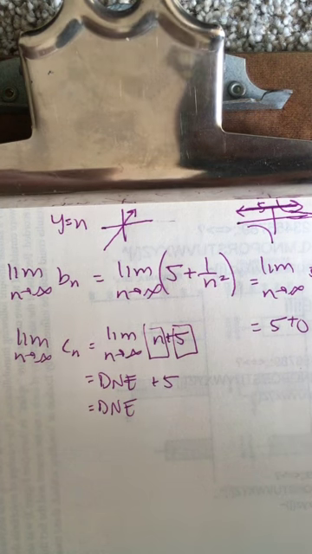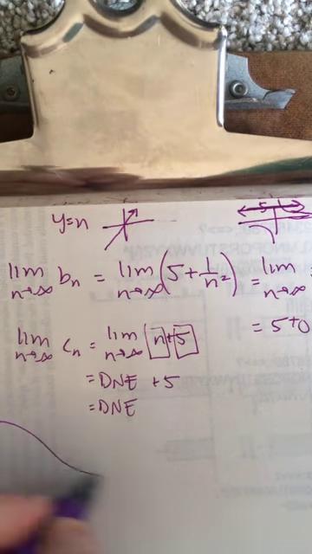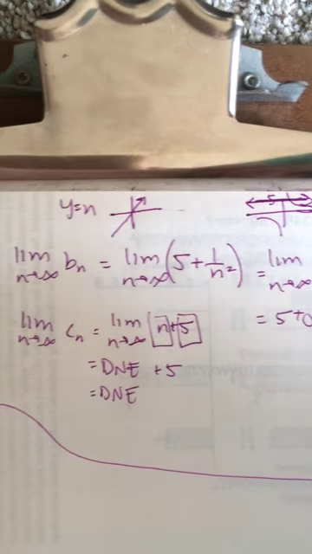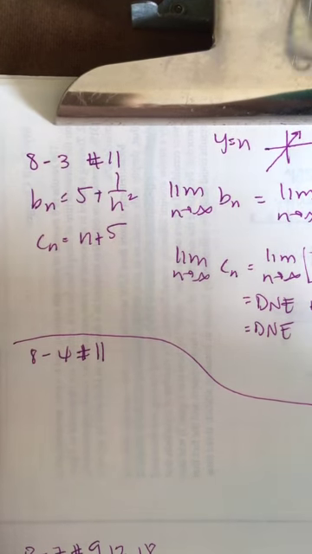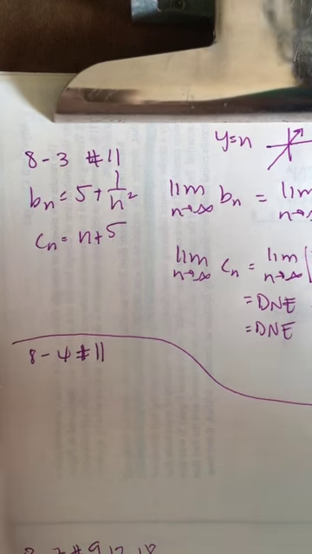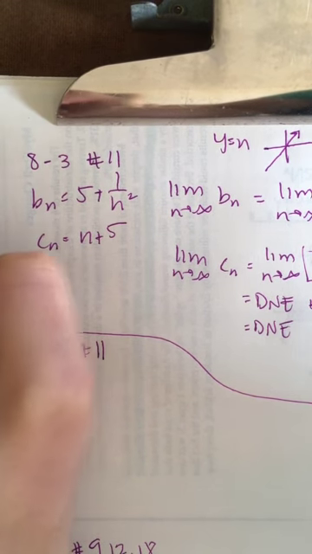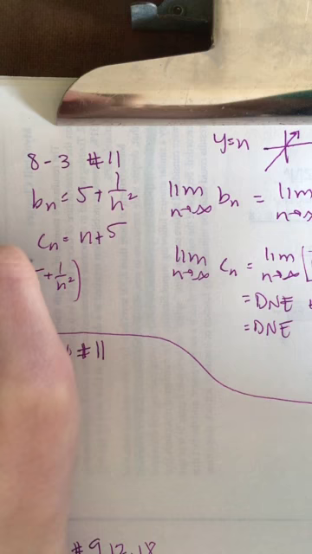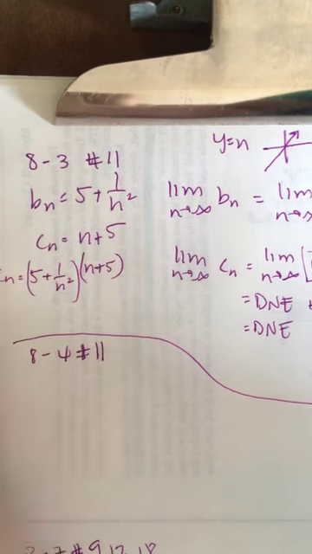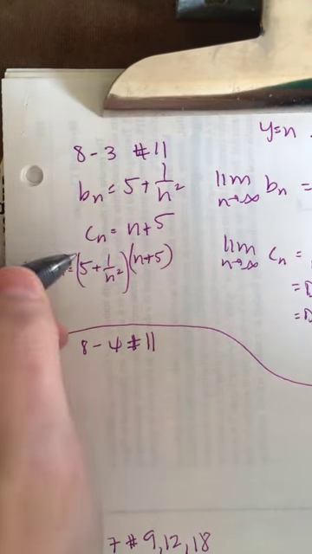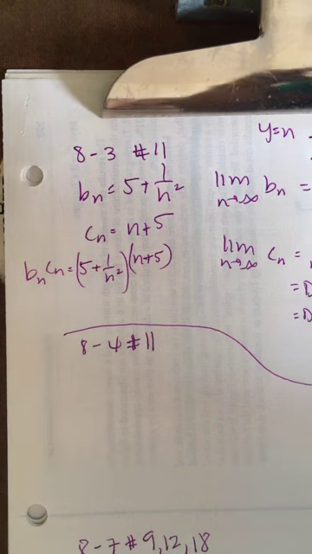Then for part C, it wants us to multiply them together. So let's do that out here. b sub n times c sub n. So if I have 5 plus 1 over n squared times n plus 5. Remember to, FOIL is not a verb, but remember to distribute.